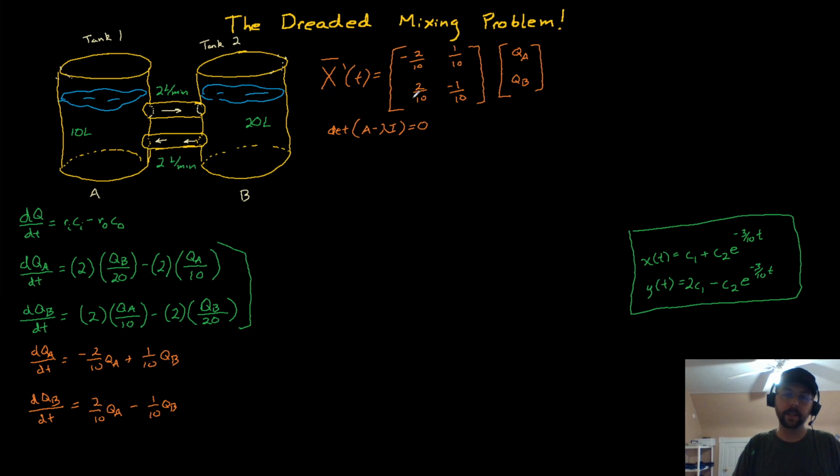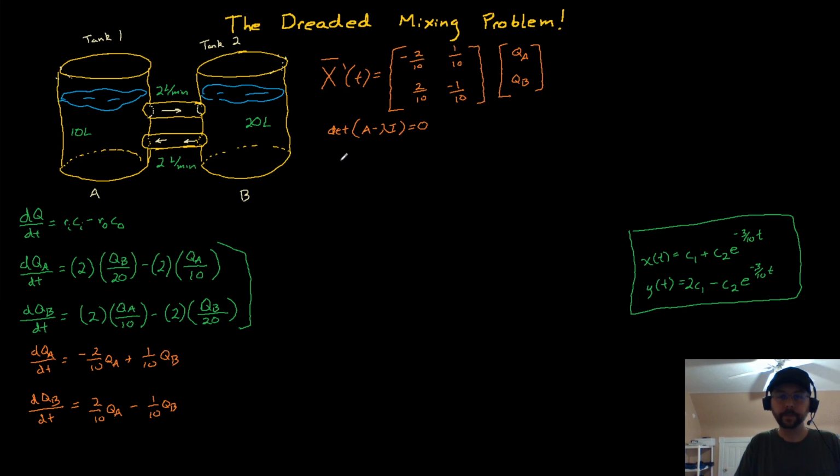A here is equal to this matrix. Lambda times I is just lambda 0, 0, lambda. So we're going to take the top left term and subtract lambda, and the bottom right term and subtract lambda. And then we're going to find the determinant of that. So that's what we're doing here from this formula.